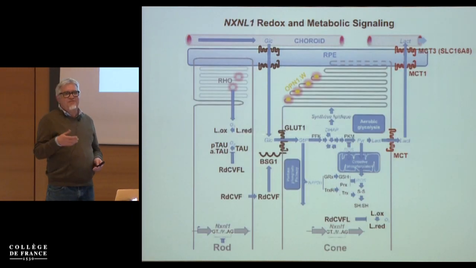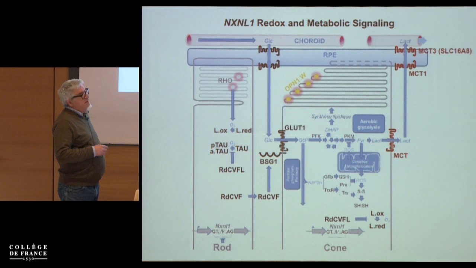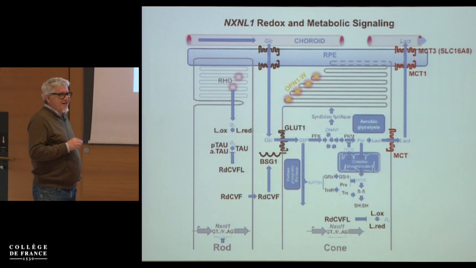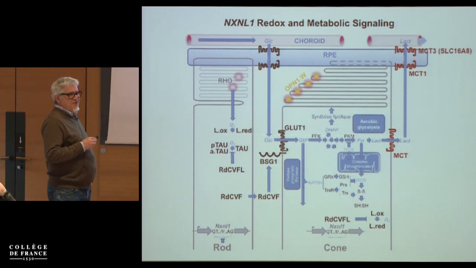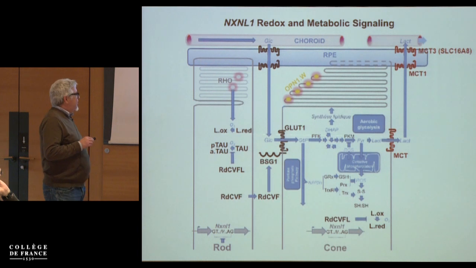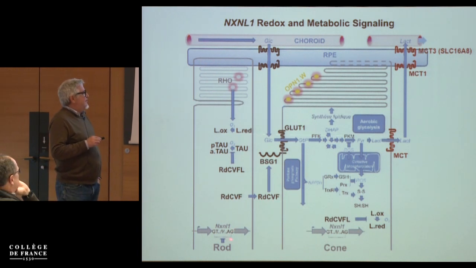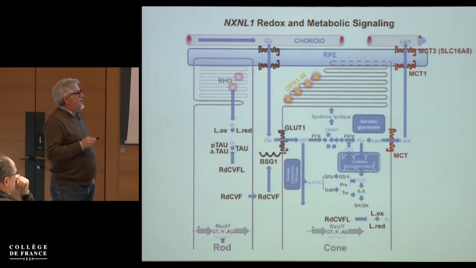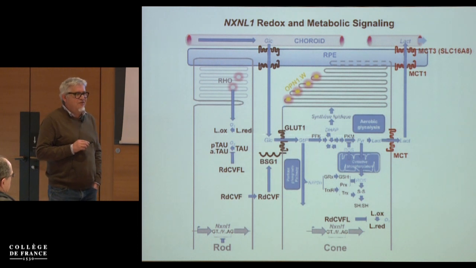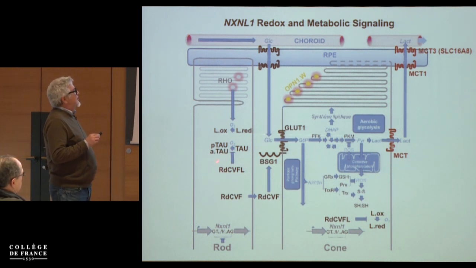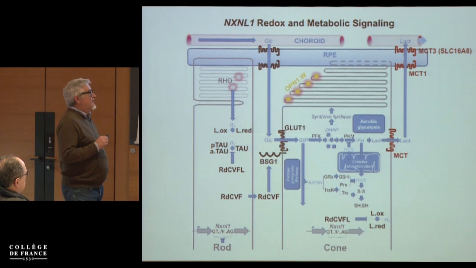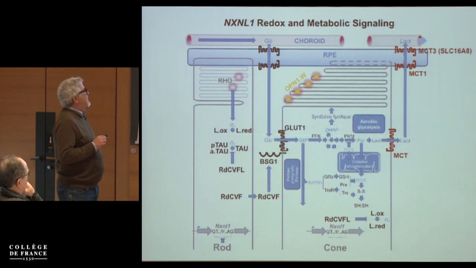So, without making a resume again, this is the end picture of what I showed this morning, in English this time. The rod photoreceptors are making a product of the NXNL1 gene, and they make two products. The first one is a normal product which splices the exon and the intron of the gene, making a thyroxin RDCVF-L, which interacts with Tau, preventing its oxidation, its hyperphosphorylation, and its aggregation in the retina.